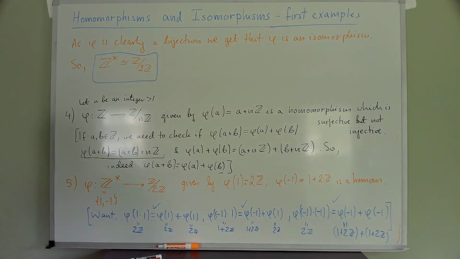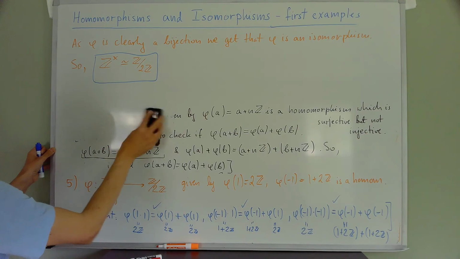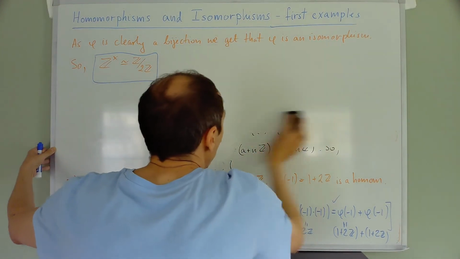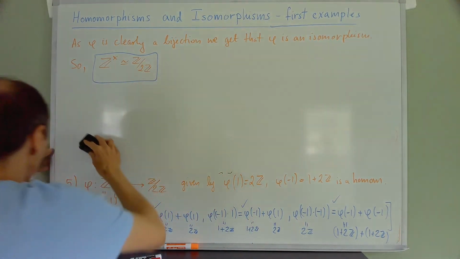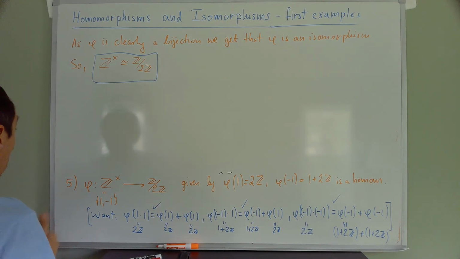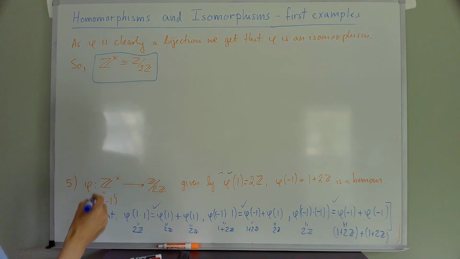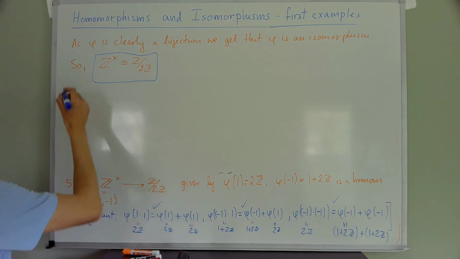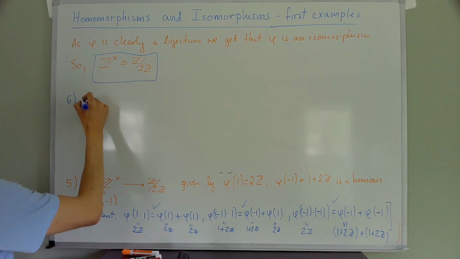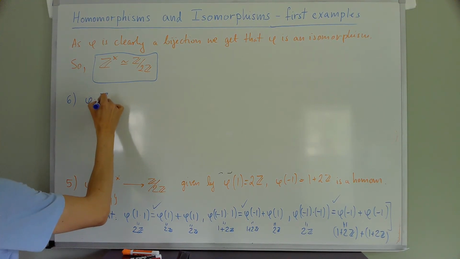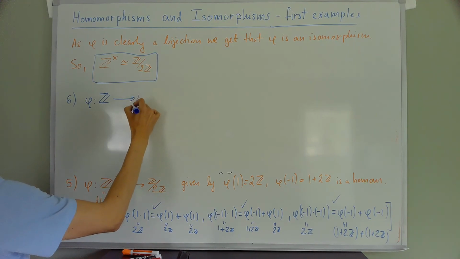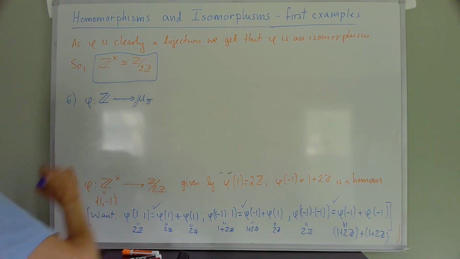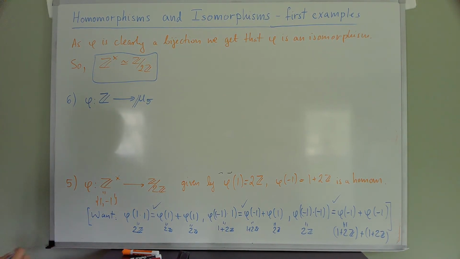All right, let's look at more homomorphisms. So that would be example 6 for us. I'm going to map Z to mu5.